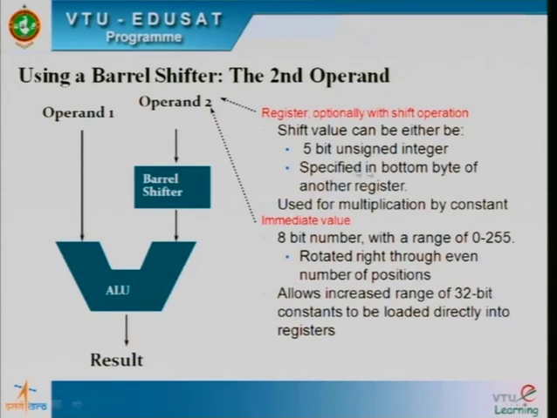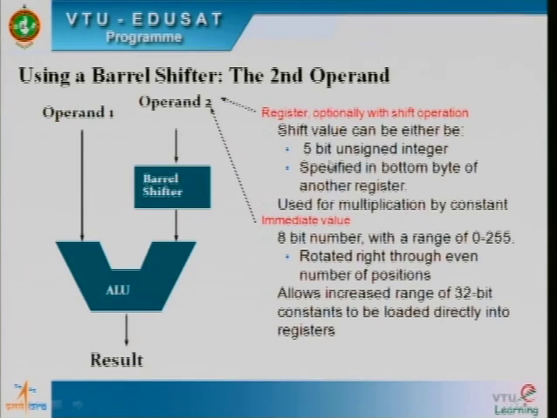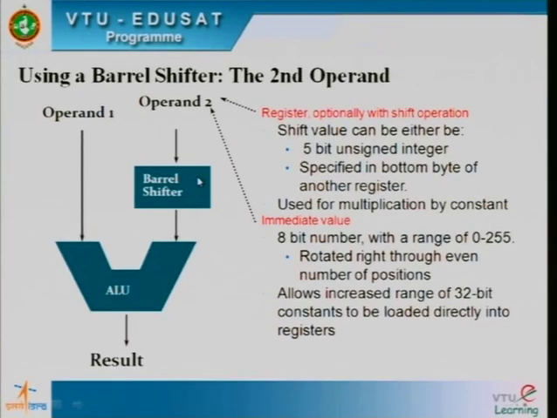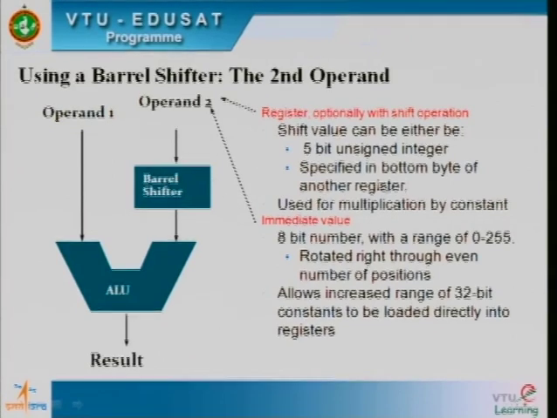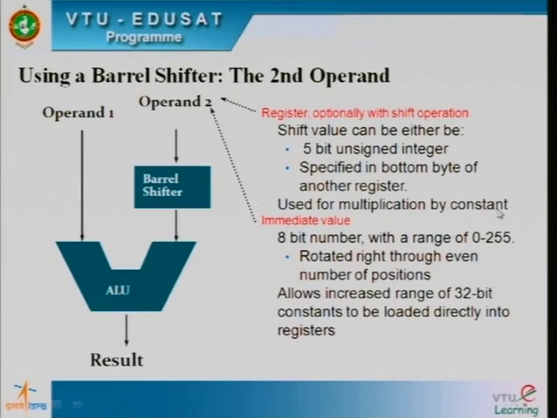So a 5-bit unsigned integer can be used as an immediate value along with the instruction to specify how many bit positions the shift is to be done, this way or this way. It can also be specified in the bottom byte of another register. The barrel shifter is used for multiplication by a constant. That is what we do here.